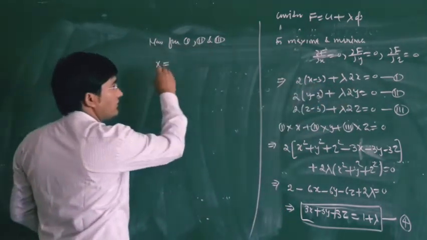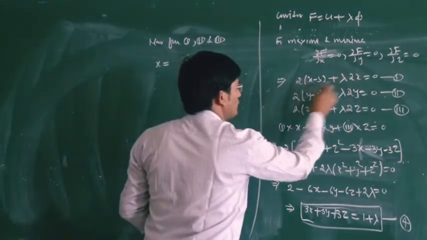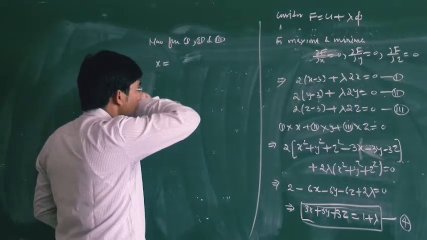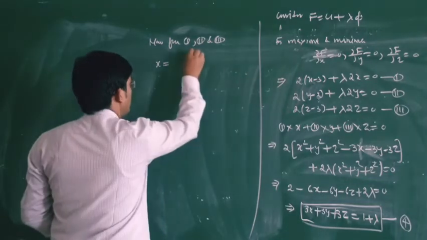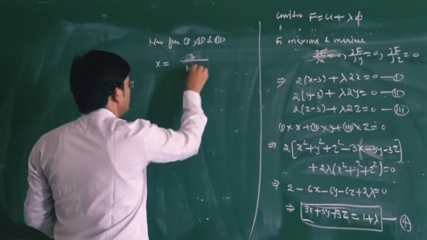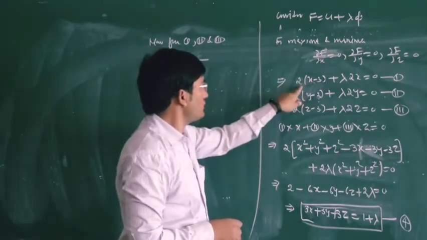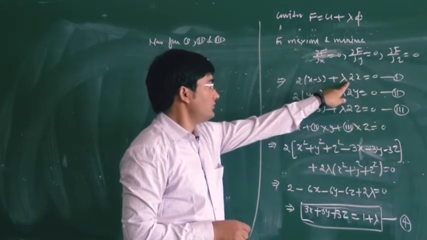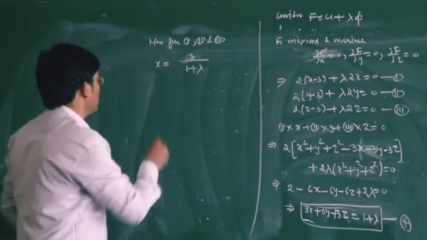So your x will be 6 divided by, or you can divide the whole equation by 2, then x will be 3 divided by 1 plus lambda, because if we divide this whole equation by 2, then this will be x, this will be lambda x minus 3. So our x will be 3 upon 1 plus lambda.